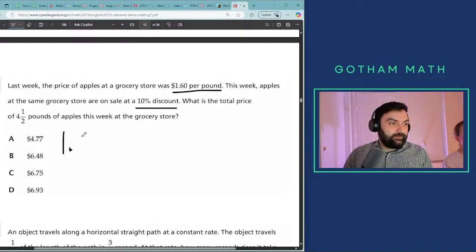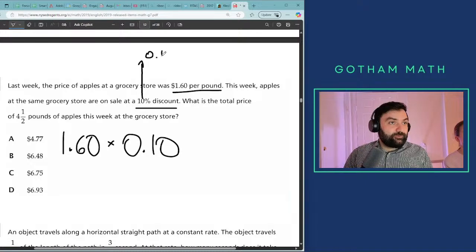We take the price and we multiply it by 0.10, the decimal version of 10%. The decimal version of 10% is 0.10. The answer for this, use the calculator obviously, but we know it, it's 16 cents. Okay?